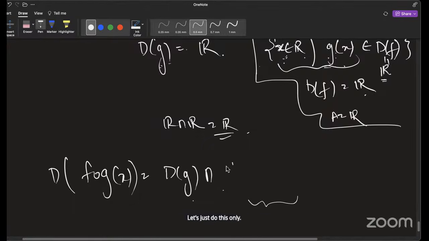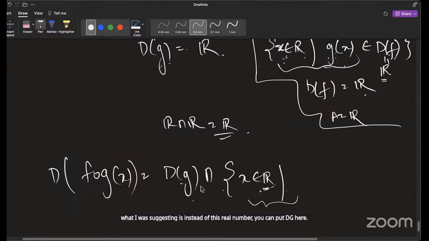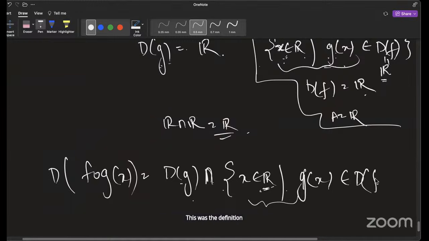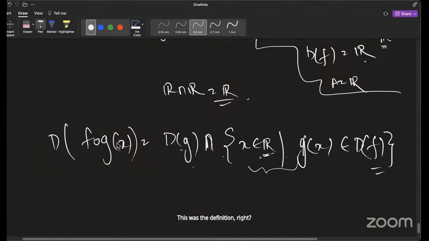This is DG, and then you have x belonging to real numbers. Instead, what I was suggesting is that instead of this real number, you can put DG here so that you don't have to take intersection. Your g(x) should be in the domain of F. This was the definition, right? So first make sure, what is this set?